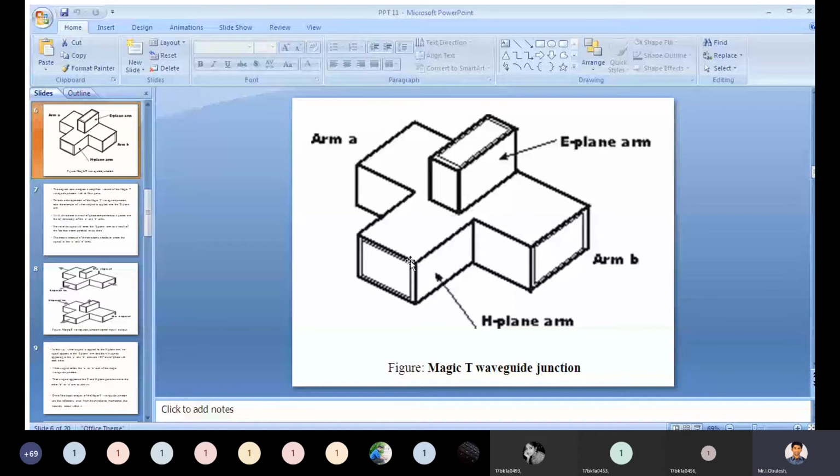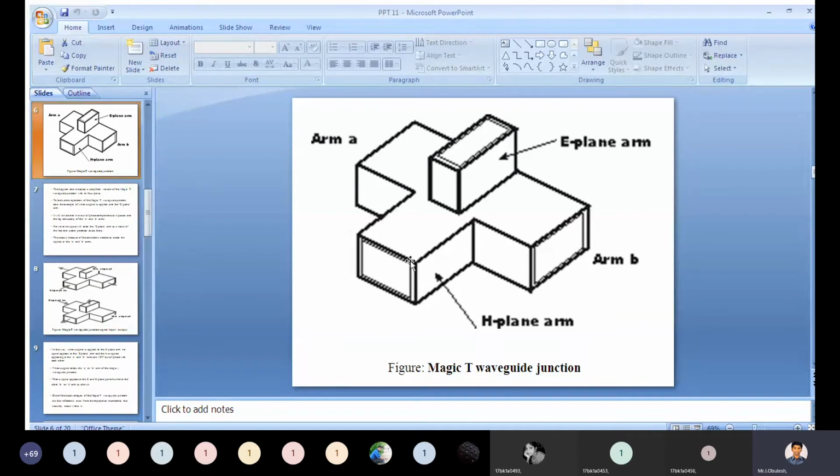Okay now, one of the disadvantages of this magic T waveguide junction is that reflections arise from the impedance mismatches that naturally occur within it.